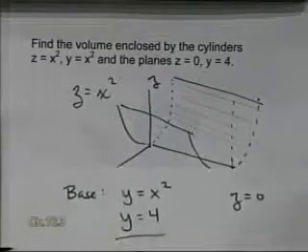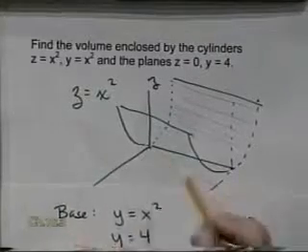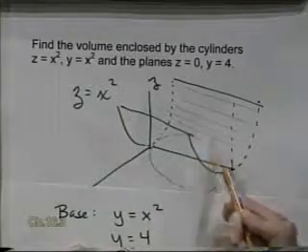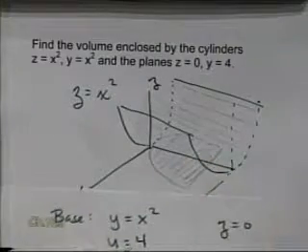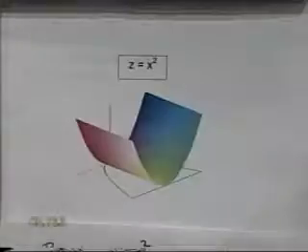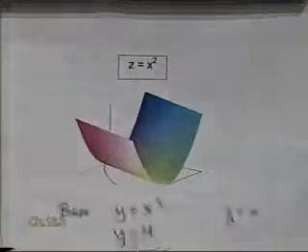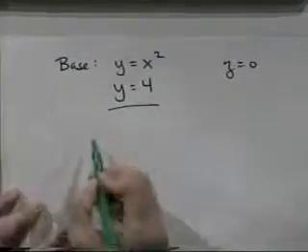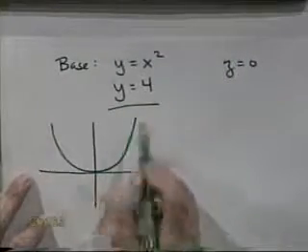If I actually drew it, y equals x squared in the xy plane comes down like this. Y equals 4 looks like this, and so there's your base in the xy plane. I actually did it in Maple, and you can see there's your base, and here's your rooftop. But in terms of setting up the integration, I think you're much better off doing this picture in 2D. Y equals x squared looks like this.